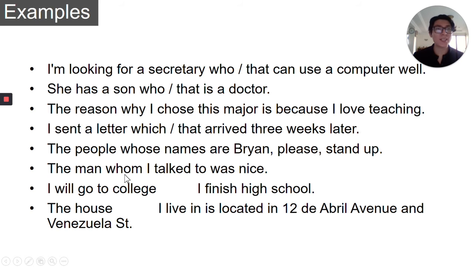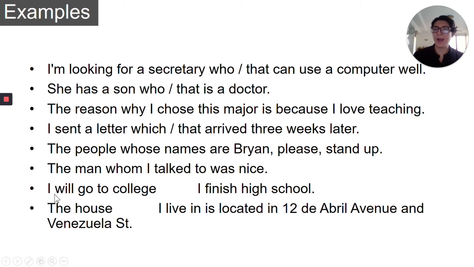Because whom takes this preposition: the man whom I talk to, or the man to whom I talk. So that is the thing about whom and who. Remember, you should always include the preposition to. Okay? Very good. Now let's continue.